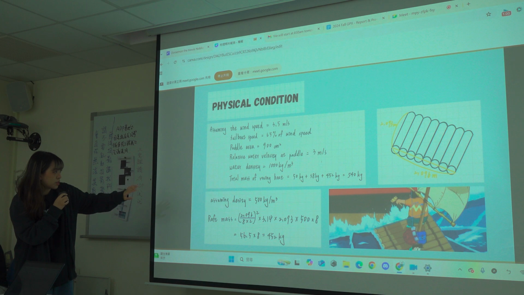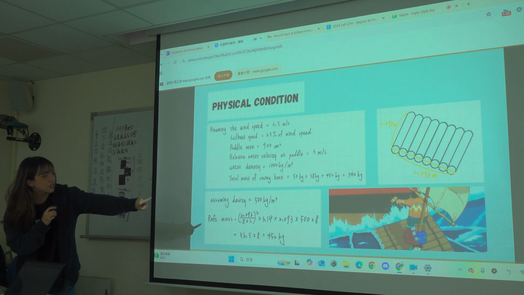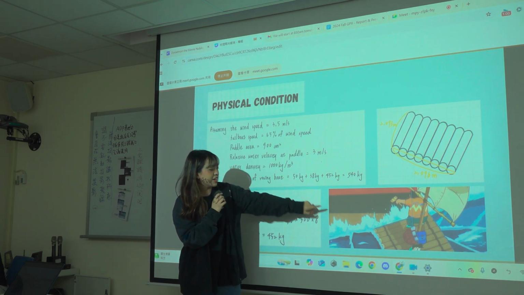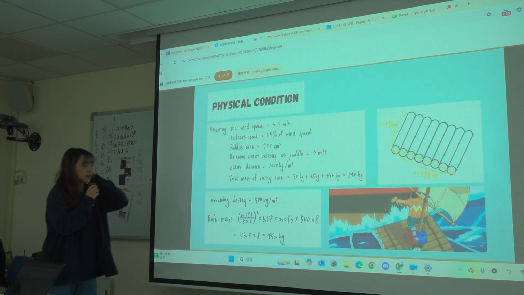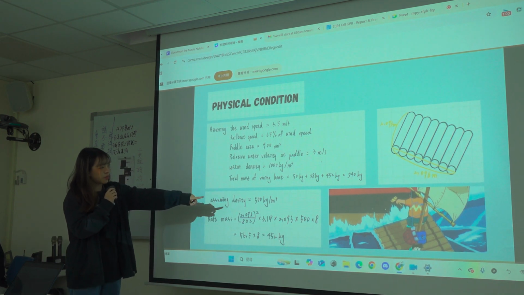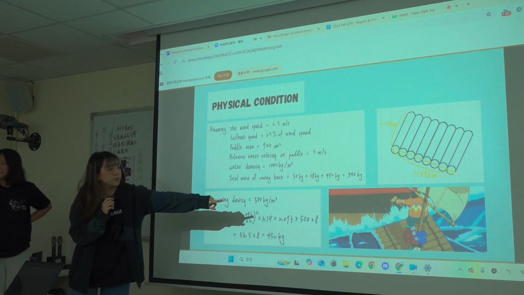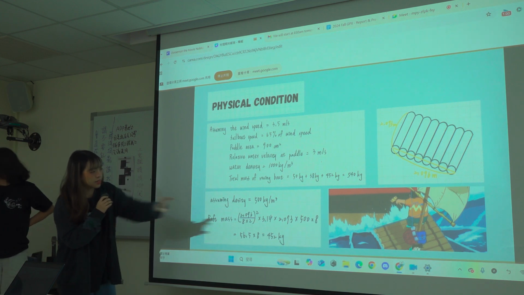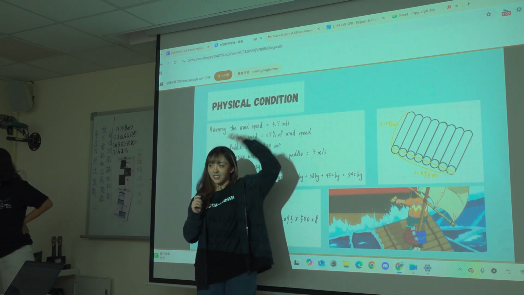The total mass of the rowing boat: his weight is 50 kilograms, and his weight is 38 kilograms, and 452 kilograms is the mass of their boat, and I get the size of the boat from his height.